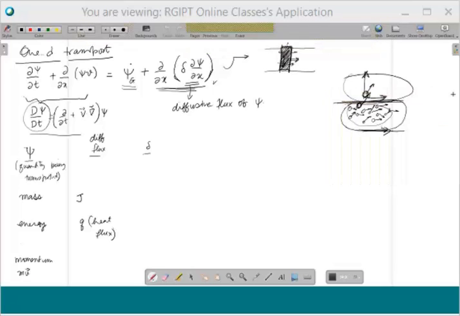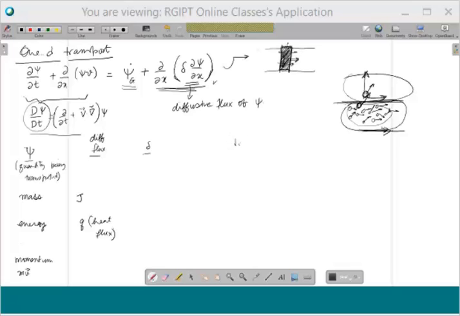Okay, let's continue then. Momentum transport will be associated with three different components of forces experienced due to diffusive momentum transport.